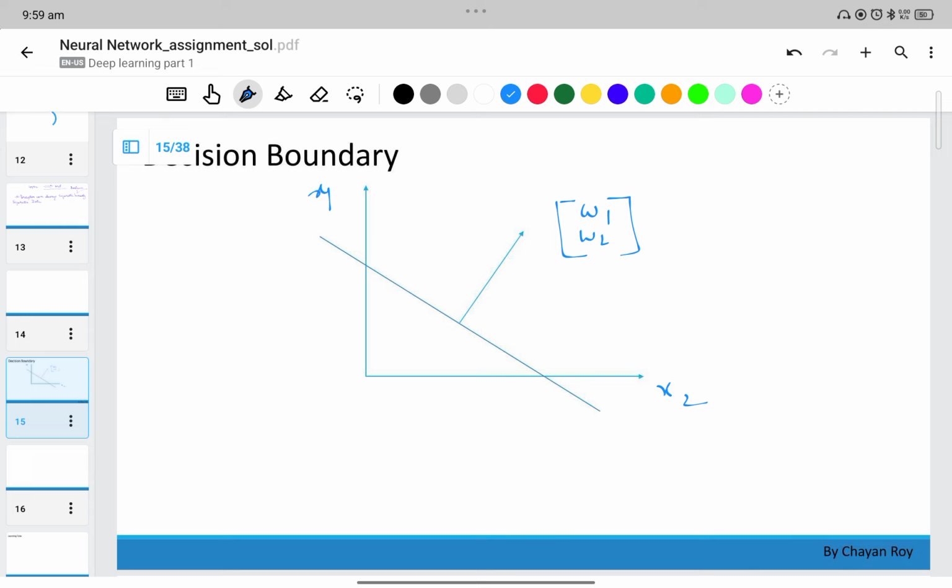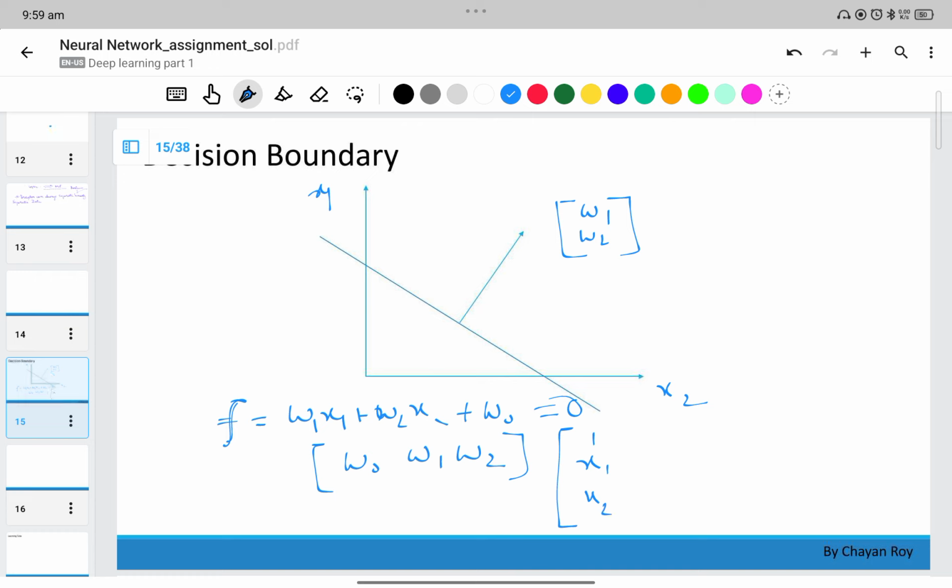So we can see that our f was w1 x1 + w2 x2 + w0, that is 0. This is what our converted x looked like. So we can rewrite this as w0, w1, w2. This is a row vector, and we can multiply it with this vector. This is our input vector, this is our weight vector. If we multiply this, we get 0.